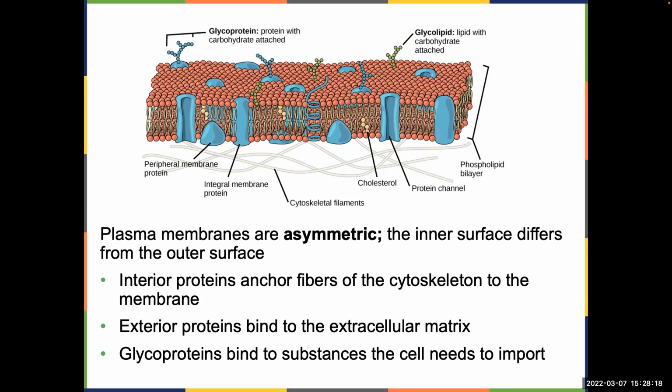So you see here in this example, you have a glycolipid here, and a glycoprotein here, and any of these extensions away from the surface can bind particular molecules, and that can serve as either a signal, or it might then lead to taking in a substance.